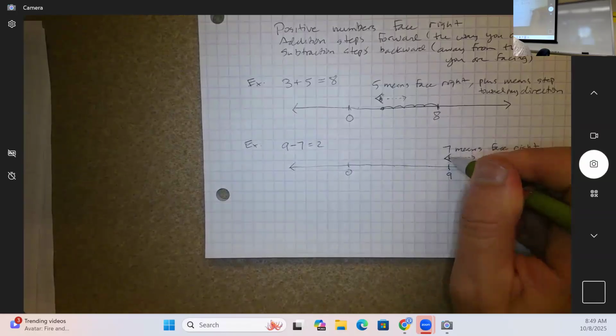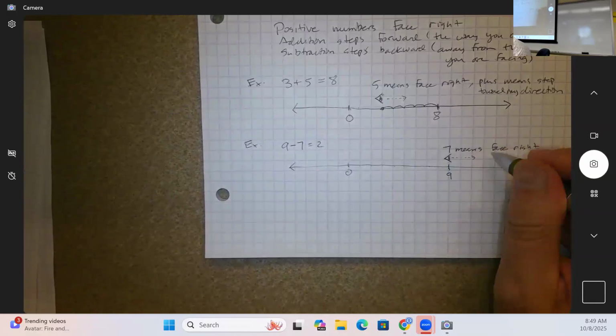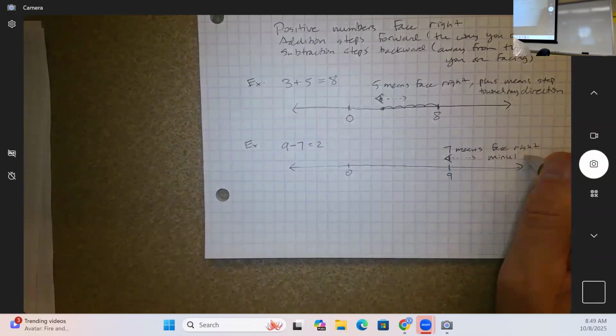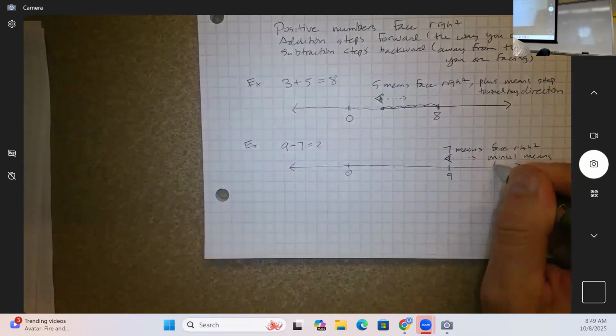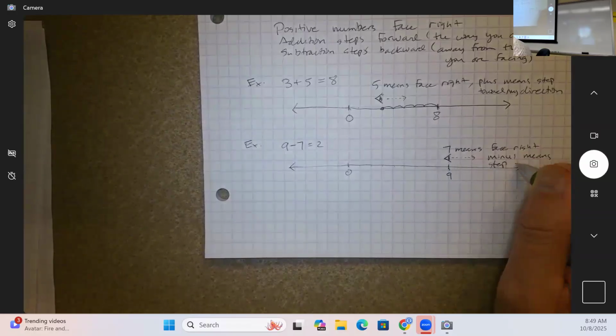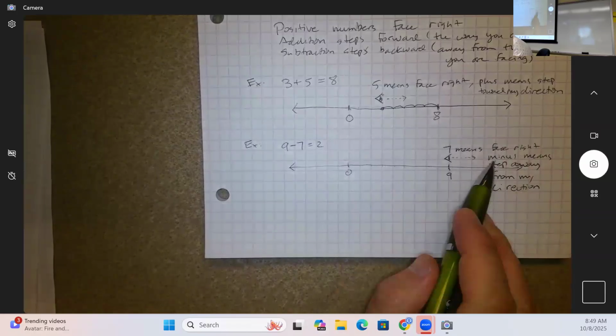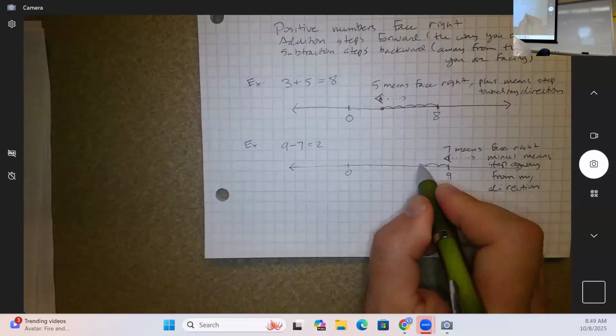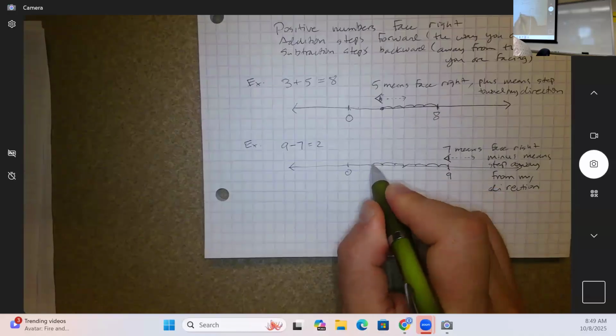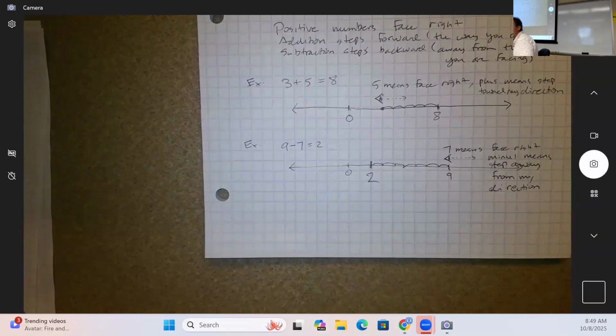I didn't want to draw a whole face. But the minus means step away from my direction. So even though I'm facing to the right, I'm going to step 7 steps away from my direction, and I end up at 2.